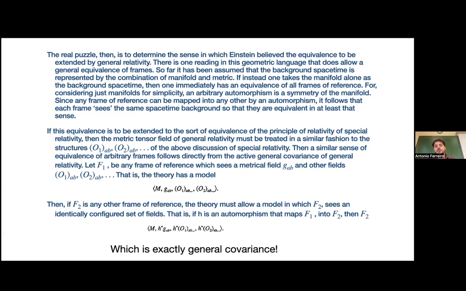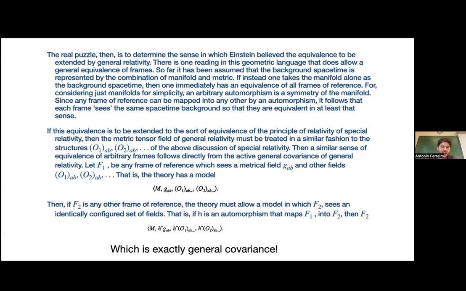If this equivalence is to be extended to the sort of equivalence of the principle of relativity of special relativity, then the metric tensor field of general relativity must be treated in a similar fashion to the other structures, like the electromagnetic field, the mass distribution, and so on, of the above discussion of special relativity. Then a similar sense of equivalence of arbitrary frames follows directly from the active general covariance of general relativity.